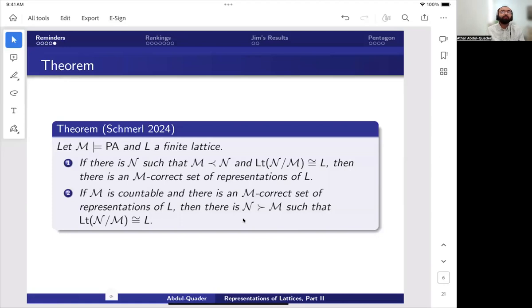I think you want M to be non-standard here. I meant to say non-standard. I'm trying to remember if I have it countable, maybe. I think I have countable here. It's countable already in number 2. Right, yes, in number 2, I have countable.